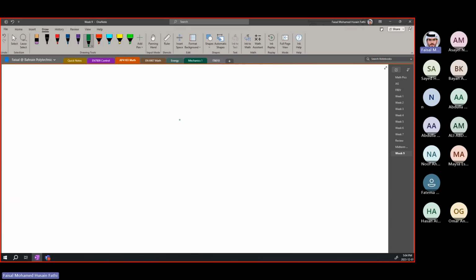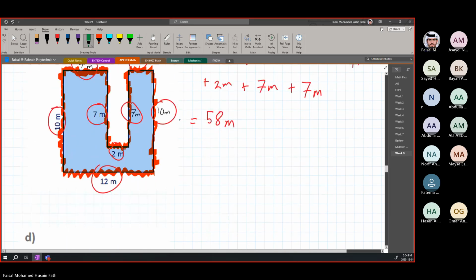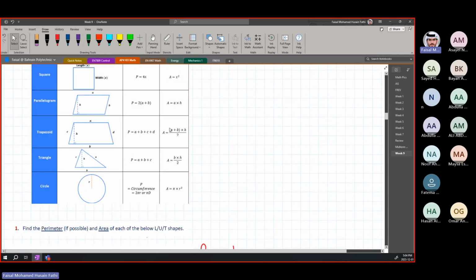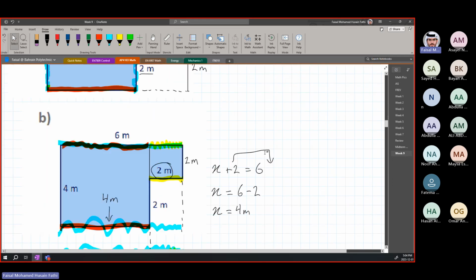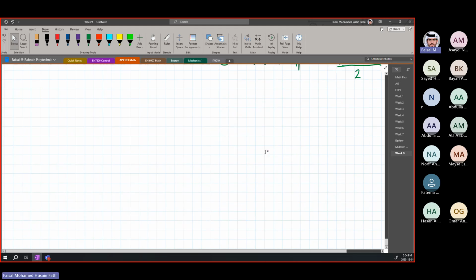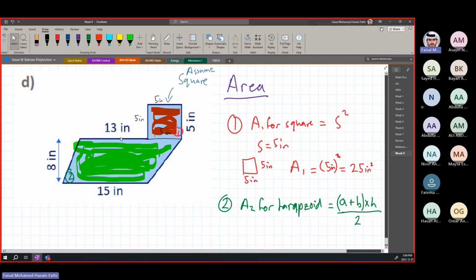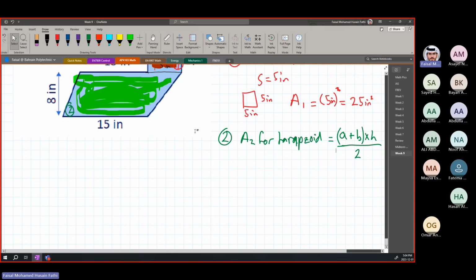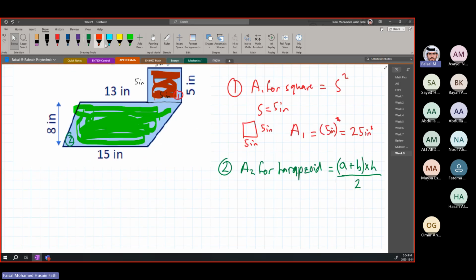Let me just double check and make sure that's correct, so I don't make mistakes, because I don't use that area a lot. Yes, (A plus B) times H divided by 2, where A and B are the bases of the trapezium. In this case, it is not 13 inches and 15 inches, okay? I will show you why now. Let me just draw it.